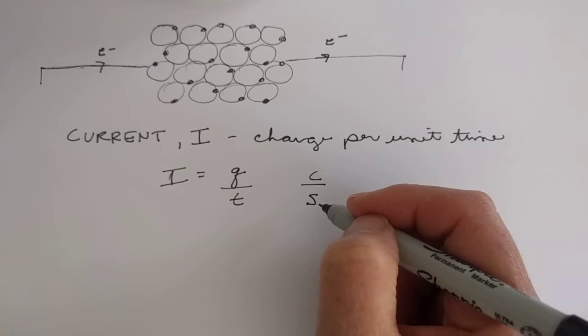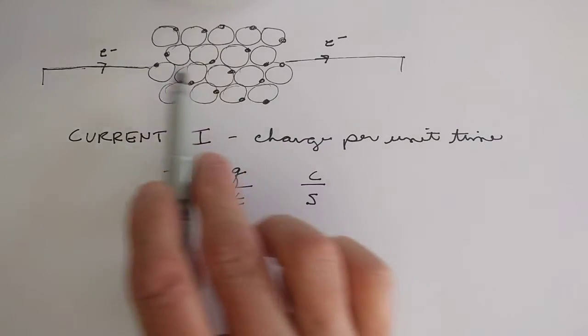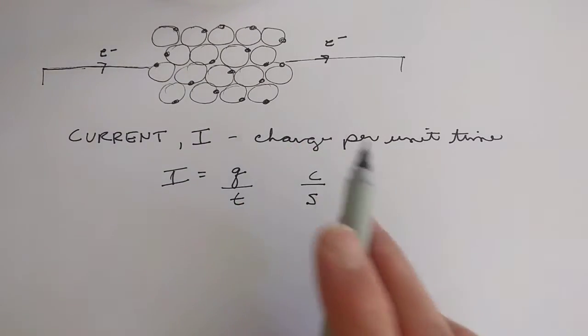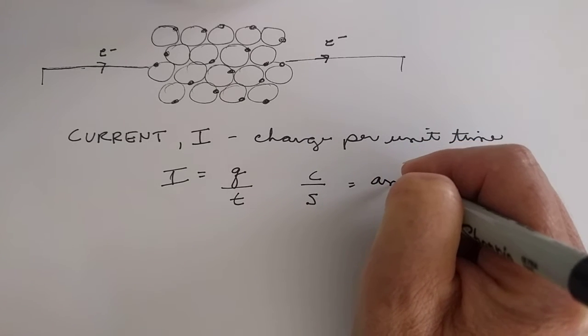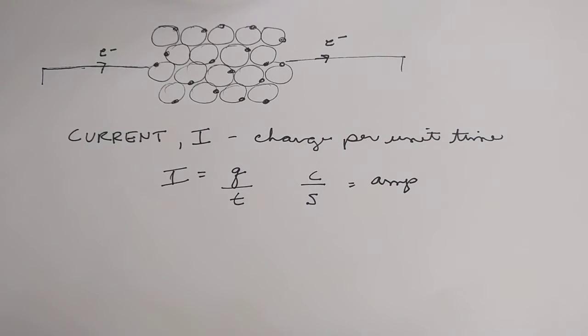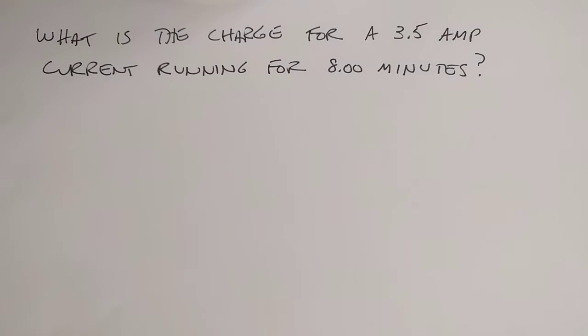So coulombs per second is the unit of current, how much charge is being carried through the wire in 1 second's time. And that unit is called the amp, short for ampere. So we can answer such questions as, what is the charge for a 3.5 amp current running for 8 minutes?